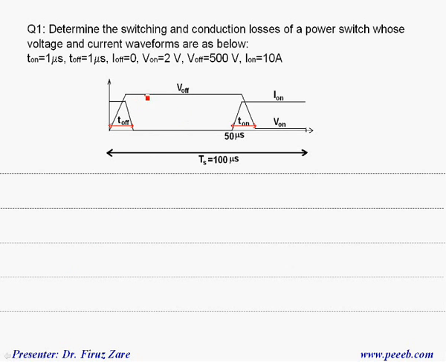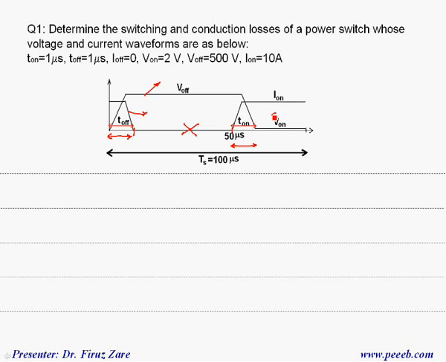So in this example, we have to find the conduction and switching loss. This is the voltage waveform, and this is the current through the switch. So basically when the switch is off, assuming that the leakage current to the switch is 0, there is not any conduction loss associated with turn-off time. And this is a transient, that means the switch is getting off, and this is the transient when the switch is getting on.